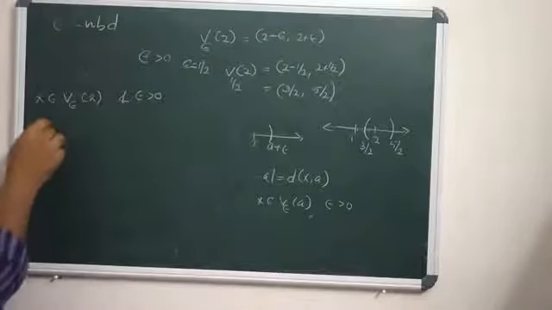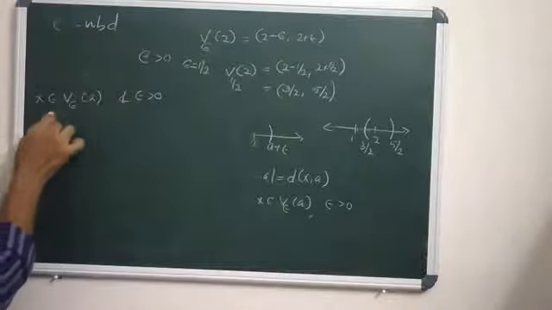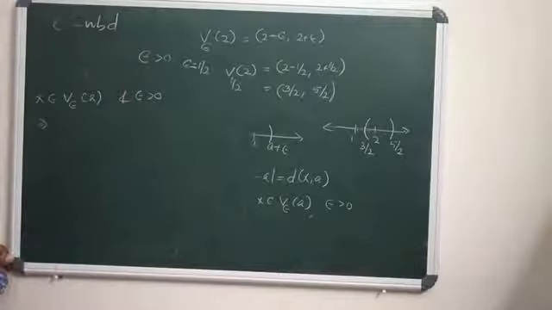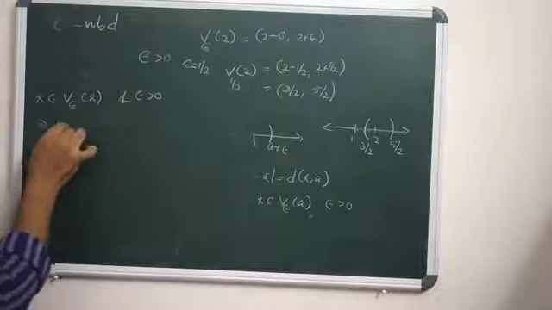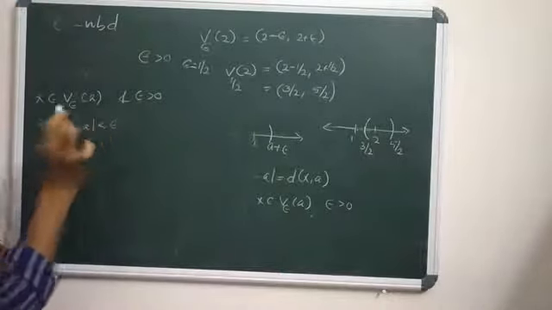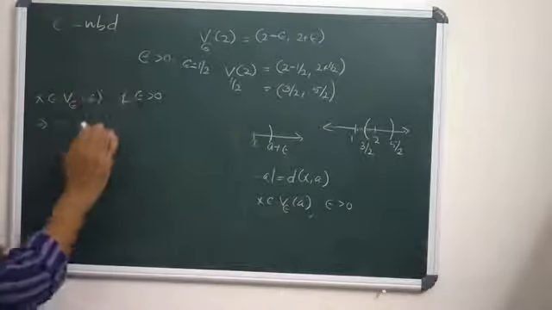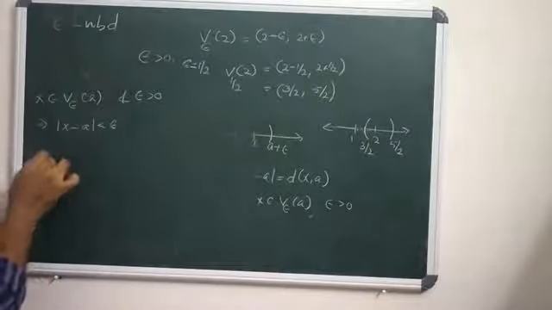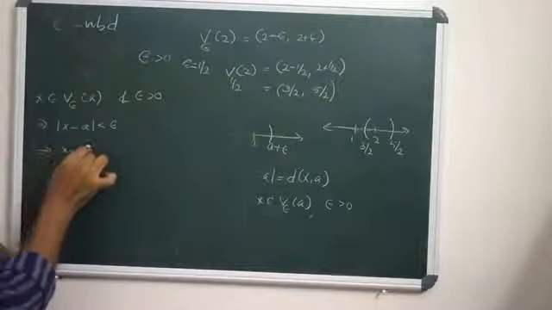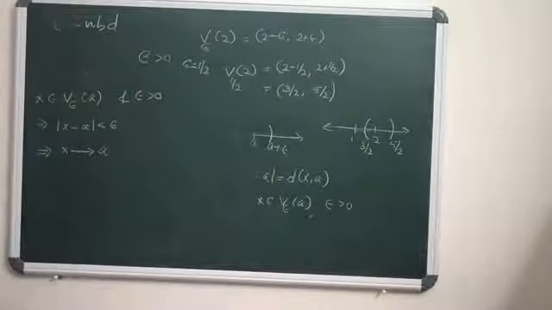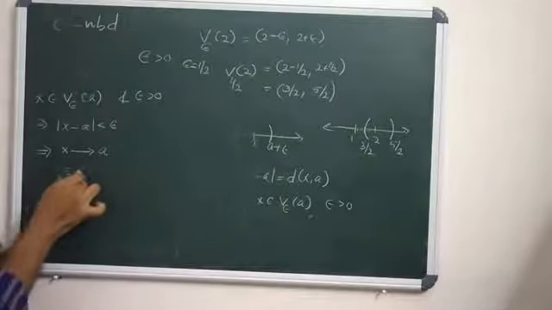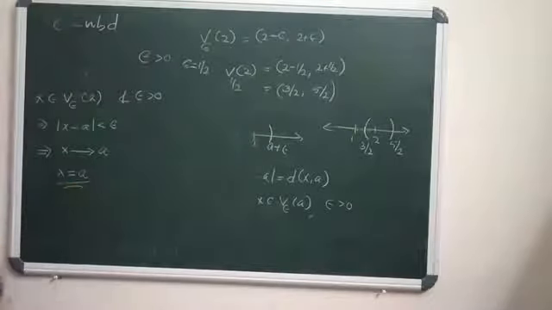So that means x falls in V epsilon A means modulus of x minus A is strictly less than epsilon. The set of all x in R such that modulus of x minus A is less than epsilon, where epsilon is a sufficiently small positive quantity. Modulus of x minus A less than epsilon means x goes to A. Okay, x goes to A. So moreover, we can say that x equals A. Clear?